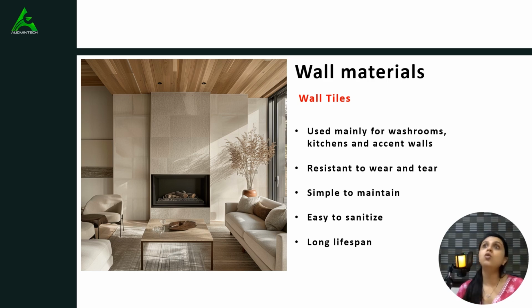If you want to go for a solution where you want to replicate marble, then these days we are getting tiles up to size 8 feet by 4 feet which replicate marble. It looks like marble only. So if you have a space which is 8 by 4, then that would be so convenient for you to just put a wall tile instead of going for marble and then sanding it.